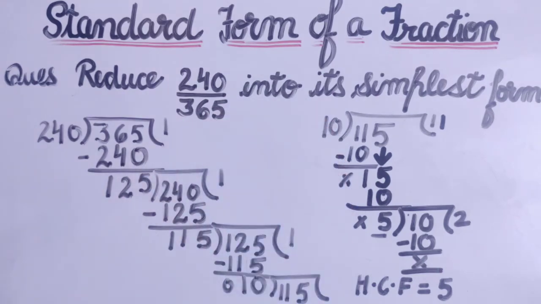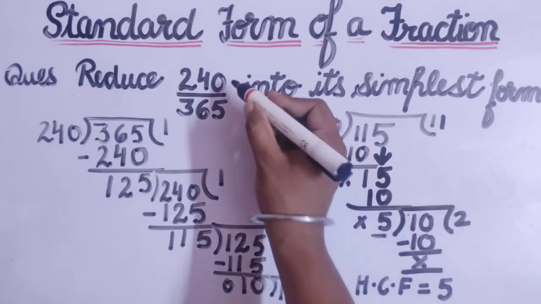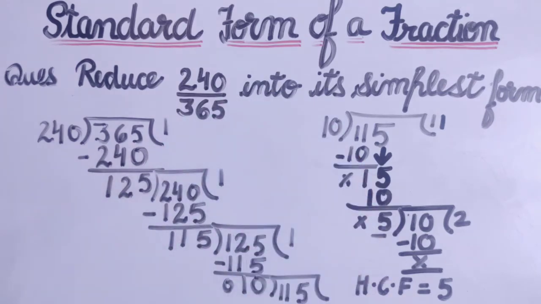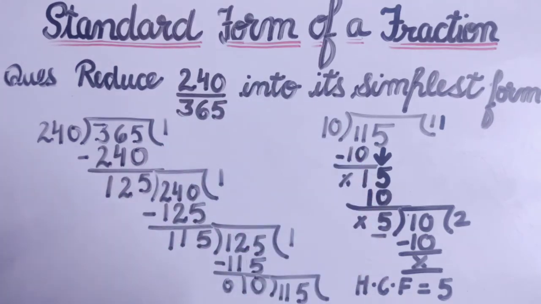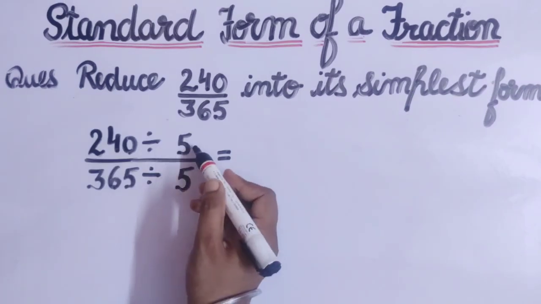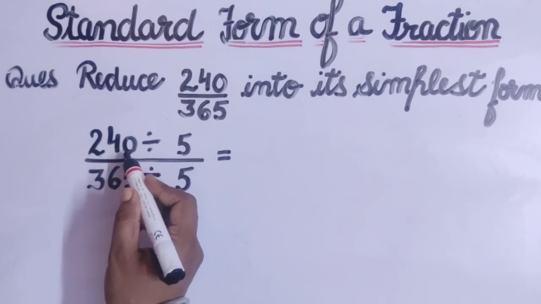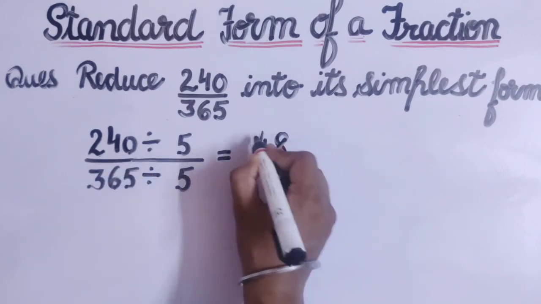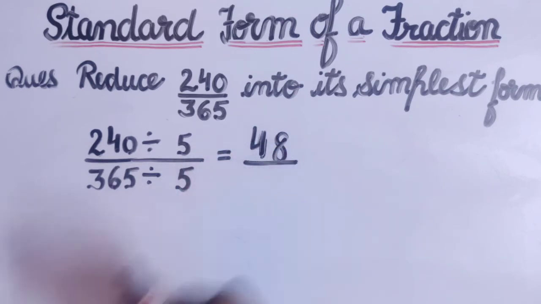Now the second step, students, is that the HCF or highest common factor which we have found, we have to divide it with the numerator and the denominator of the given fraction. So let's do the second step. Students, if you divide 240 with the HCF, that is 5, the answer will be 48.